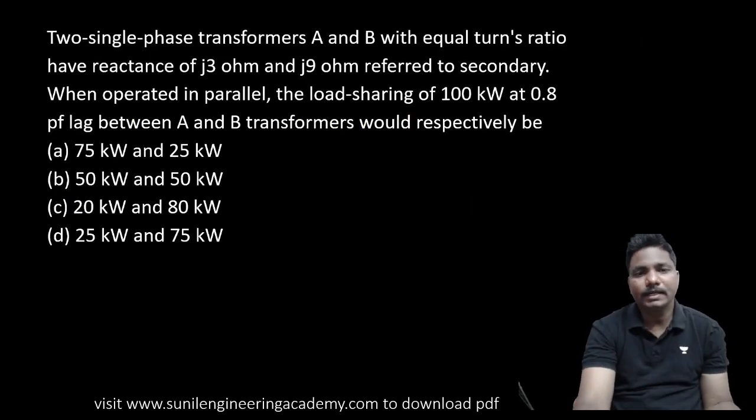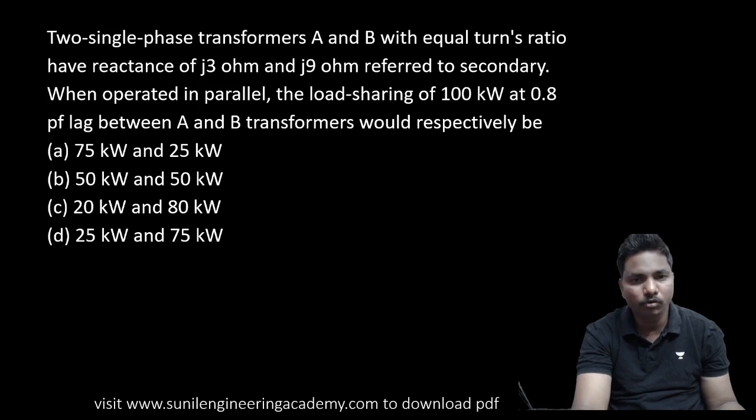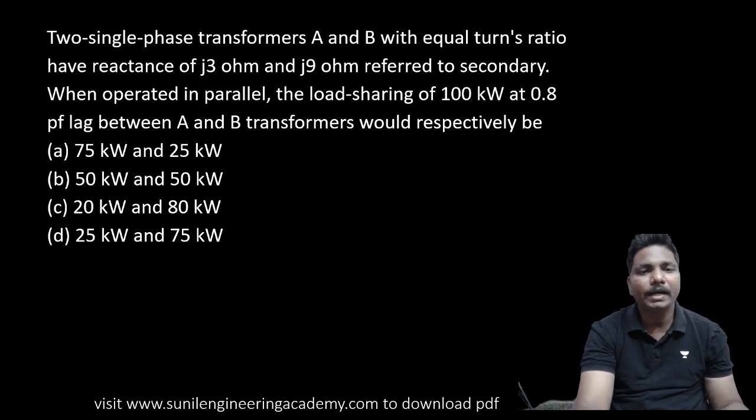Two single phase transformers A and B with equal turns ratio have reactance of j3 ohm and j9 ohm referred to secondary. When operated in parallel, the load sharing of 100 kilowatt at 0.8 power factor lagging between A and B transformers would respectively be dash. How the load sharing works, I have already given, based upon the percentage impedances.